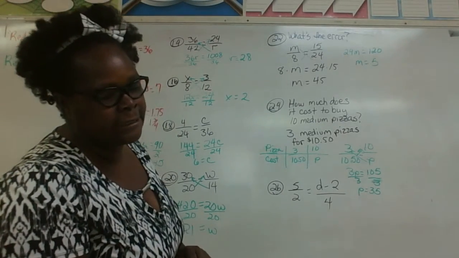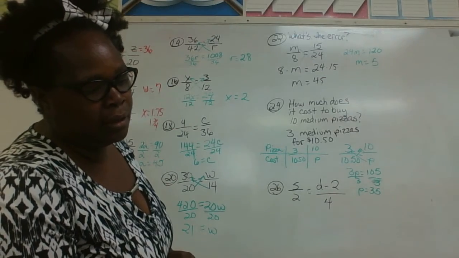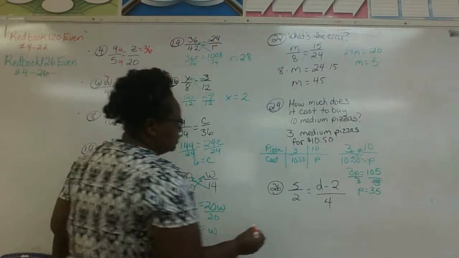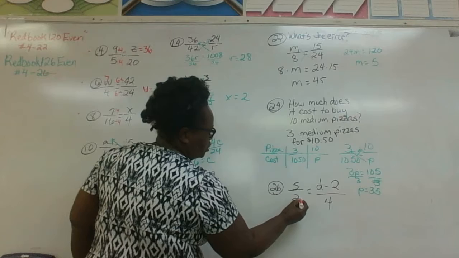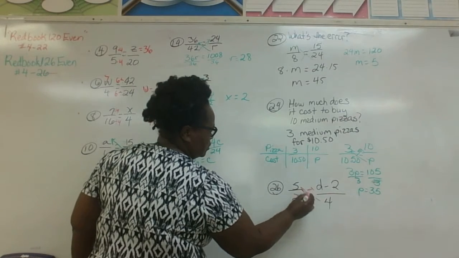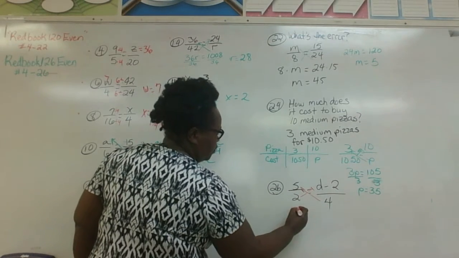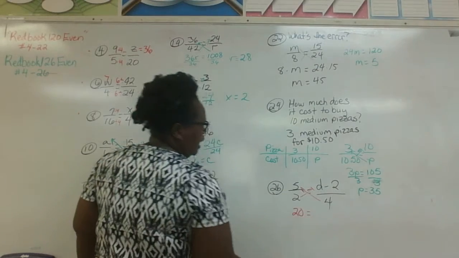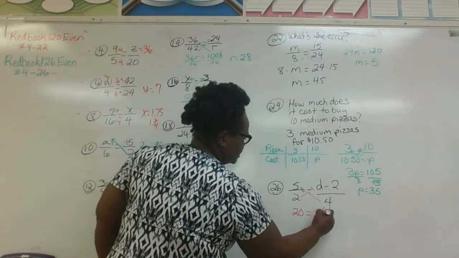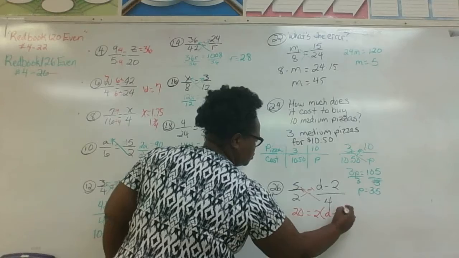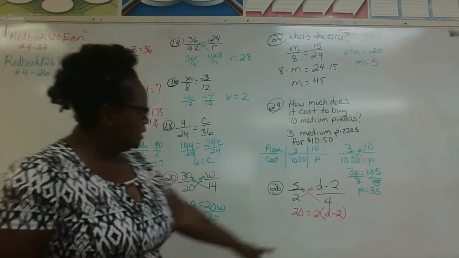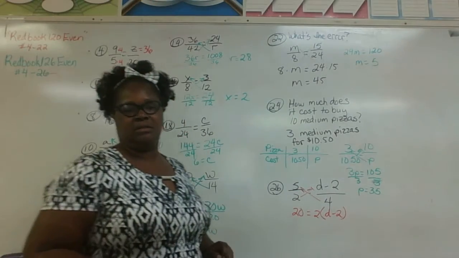Number 26. Okay, we are looking at cross product. We know that 5 times 4 gives us 20, but now we have 2 times d minus 2. Okay, that is a distributive property.